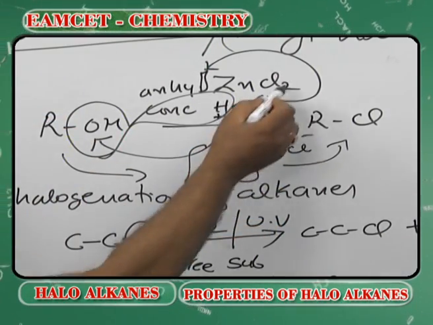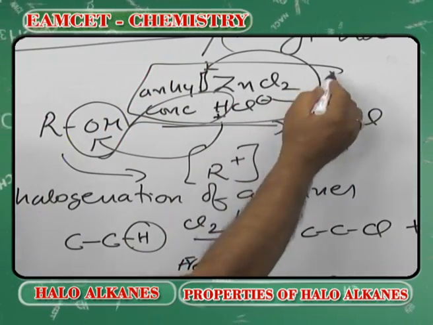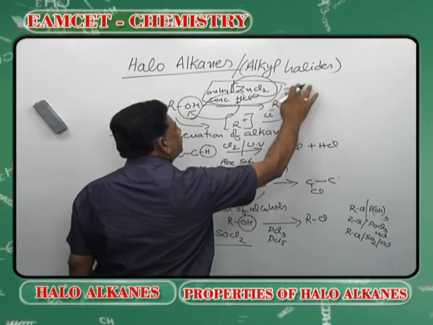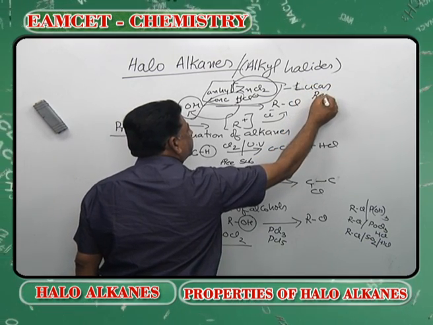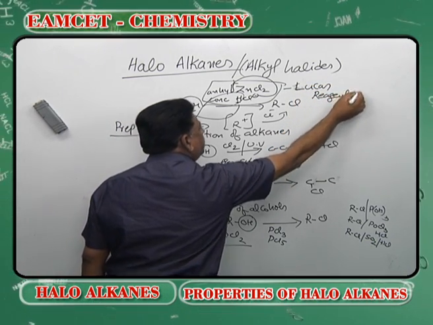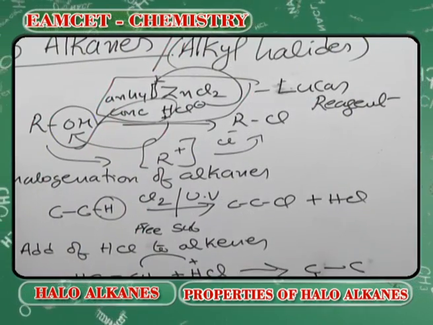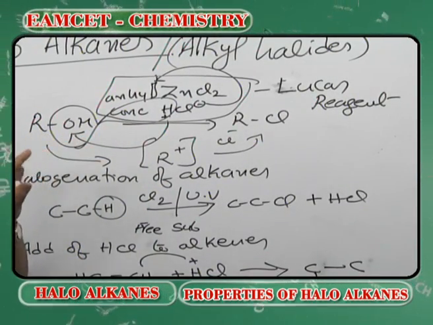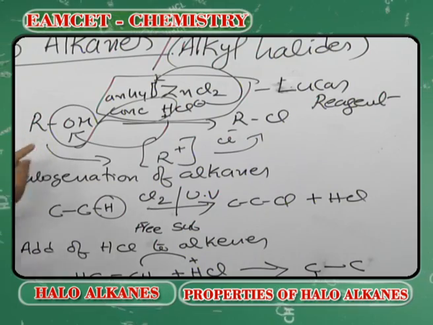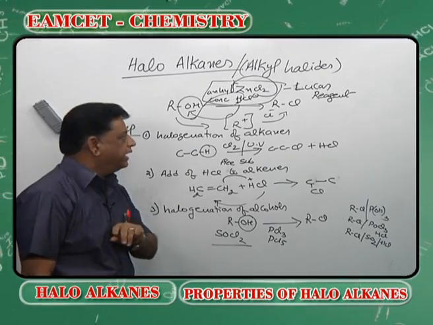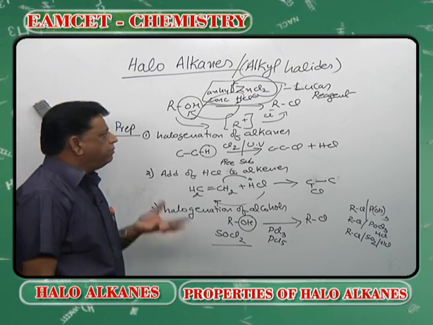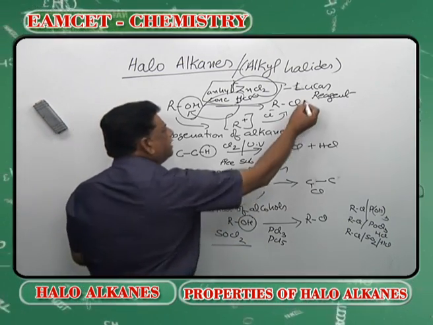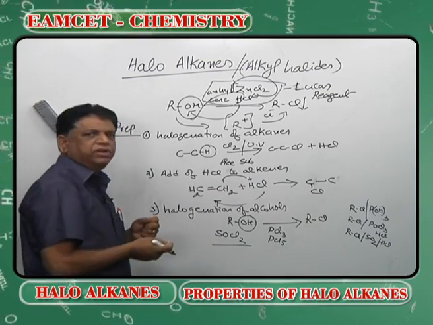The mixture of anhydrous zinc chloride and concentrated HCl is specifically called Lucas reagent. The reagent also has an application in the identification of alcohols. In the alcohol chapter, if you take 1 degree, 2 degree, and 3 degree alcohols and add Lucas reagent, the 3 degree alcohol will give turbidity immediately, because the alkyl halide formed is not soluble in the aqueous solution.